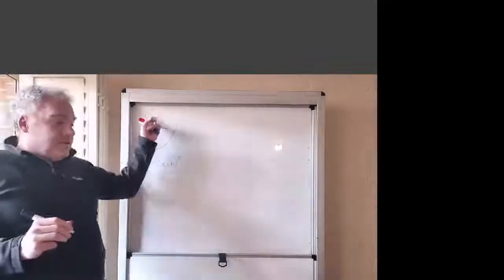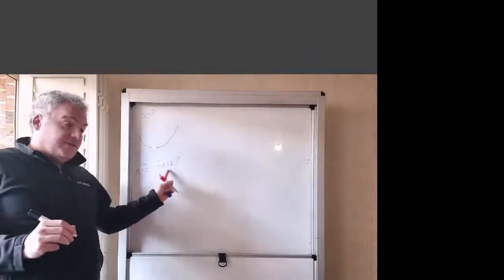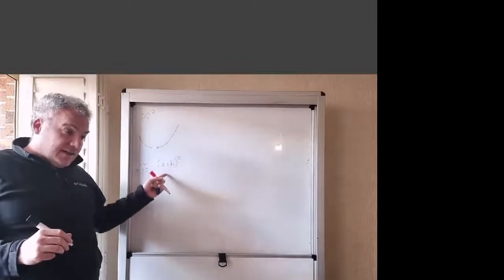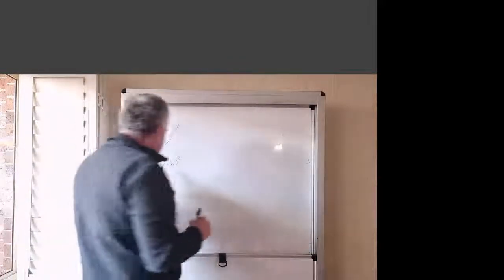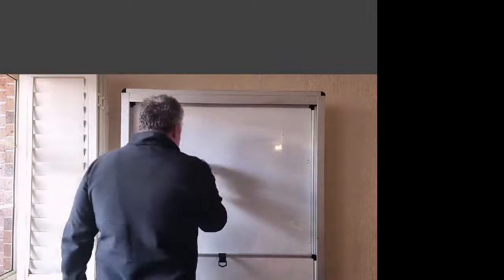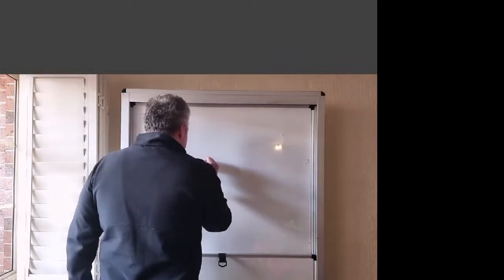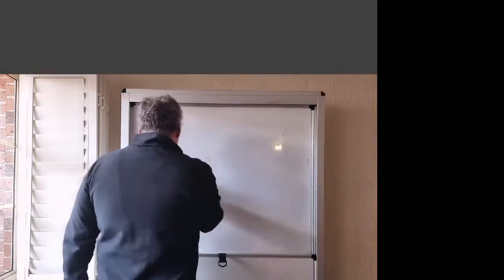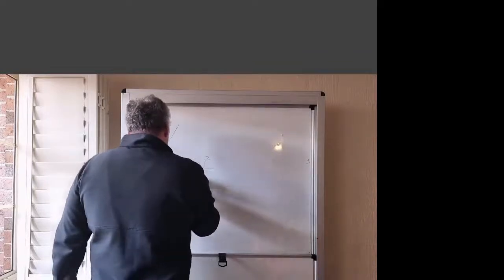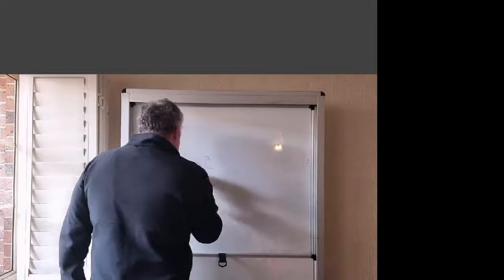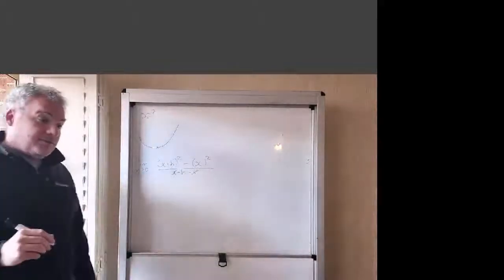Because it's x squared, we've got to square that to find the change between (x plus h) squared and x squared, over x plus h minus x, which just cancels to h.